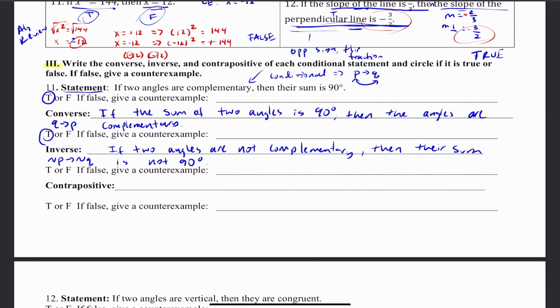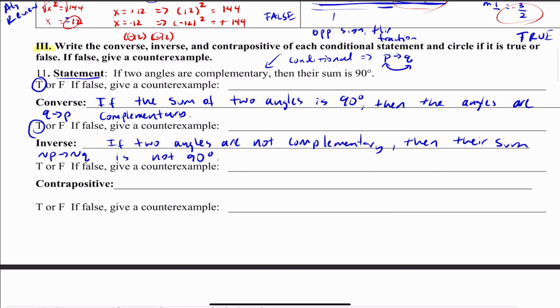The negation makes the hypothesis the opposite, and it makes the conclusion the opposite. That's what the negation is. So, again, if two angles are not complementary, then their sum is not 90 degrees. So, if two angles are not complementary, then obviously their sum is not 90 degrees. So, that is true.